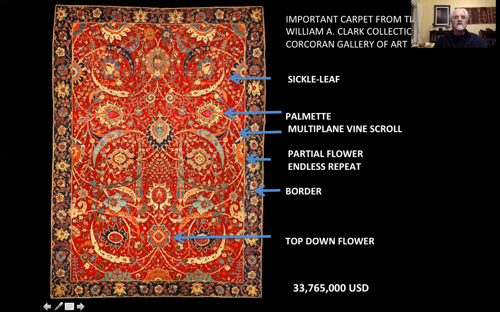You also see, of course, the sickle leaves, the saz leaves, as we call them, which gave rise to the name of the rug. A side view of a flower, a top-down view of a flower. And then these vines. You can see again we're dealing now with a lattice system, one on top of the other. So as you start to look at this, you can deconstruct the layering and the designing that goes into this carpet.